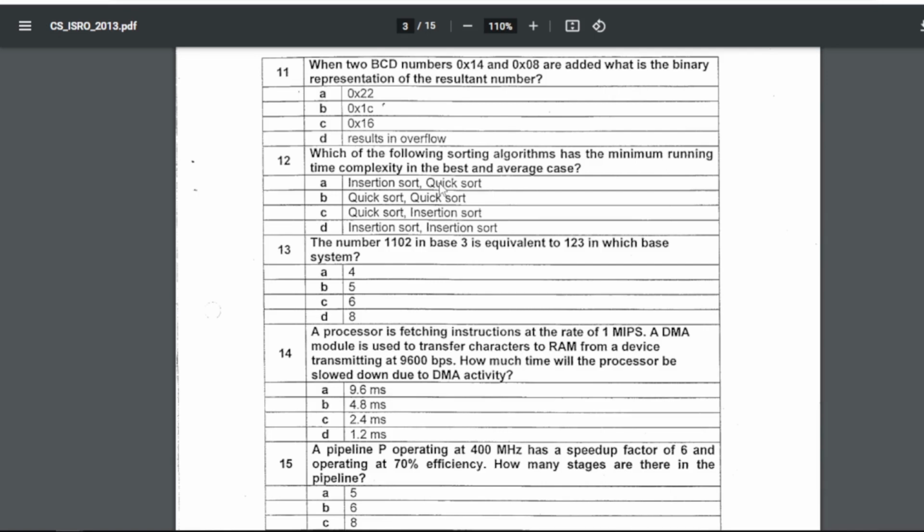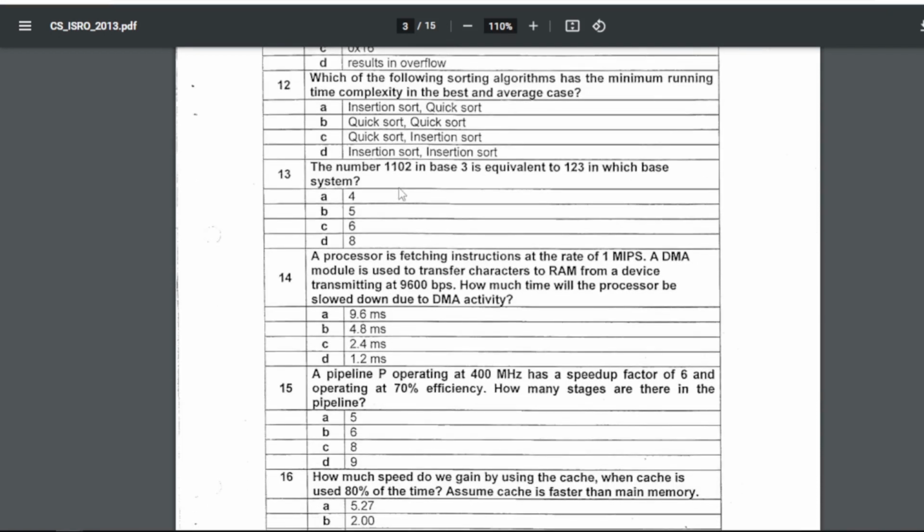Insertion sort has a best case complexity of order n if the array is already sorted, while it has an average case complexity of order n square. Quick sort has a best case complexity of order n log n, while its average case complexity is again n log n. So A will be the answer.